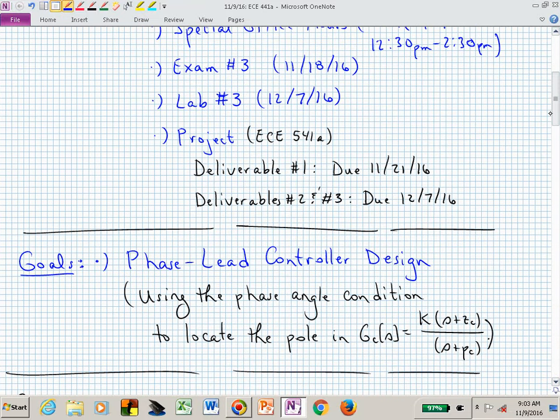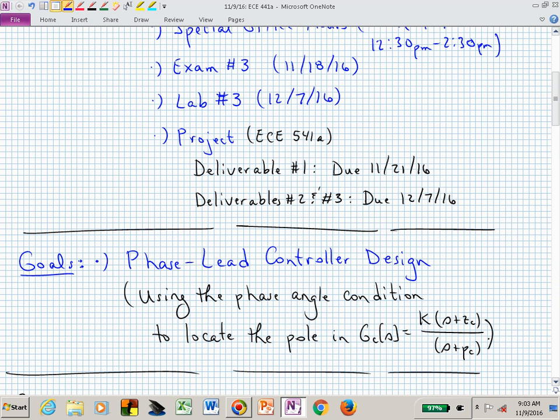Today what I want to do, last time we covered phase lead controller design, but in that case, we knew exactly where the root locus was after we put down our poles and zeros. In other cases, we might not know quite where the root locus is going, but we may want to assign it to go to a particular point.